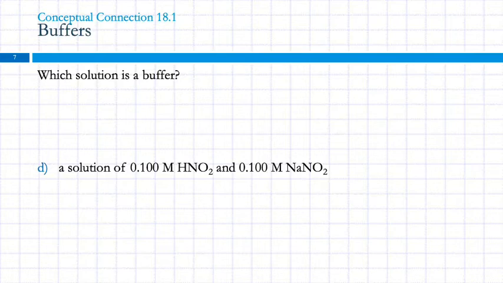What qualifies as a significant amount of the conjugate base? Does it have to be the same? That's a great question, and we will discuss that in a minute, but roughly equal. If I remember correctly, it's like less than a 10% difference. So here they're equal, and so that's excellent.